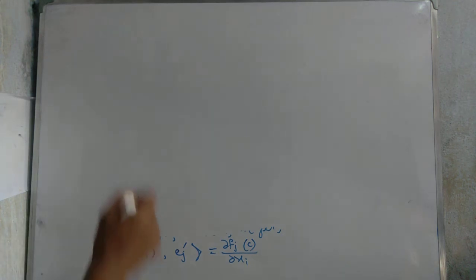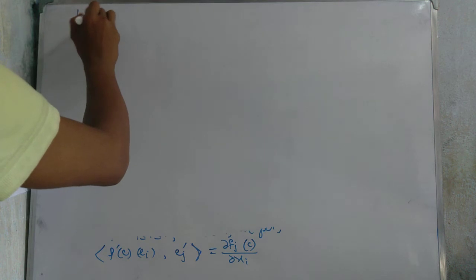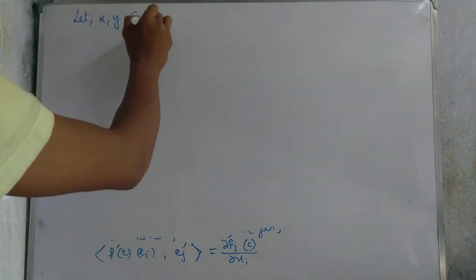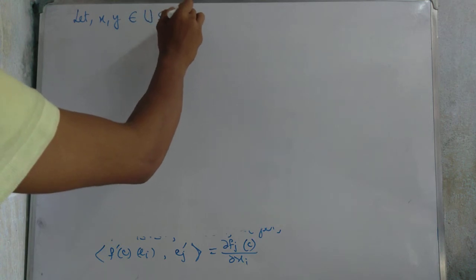Here we write: let x, y belong to this U, a subset of Rn.